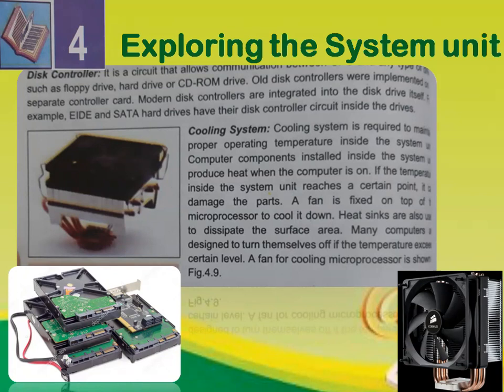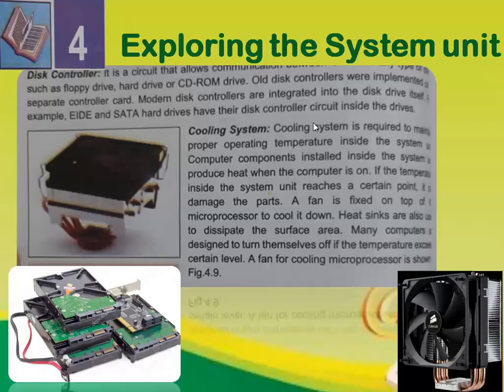A fan is fixed on top of the microprocessor to cool it down. Heat sinks are also used to dissipate heat over a larger surface area. Many computers are designed to turn themselves off if the temperature exceeds a certain level. A fan for cooling the microprocessor is always used to provide the cooling system inside the computer system.